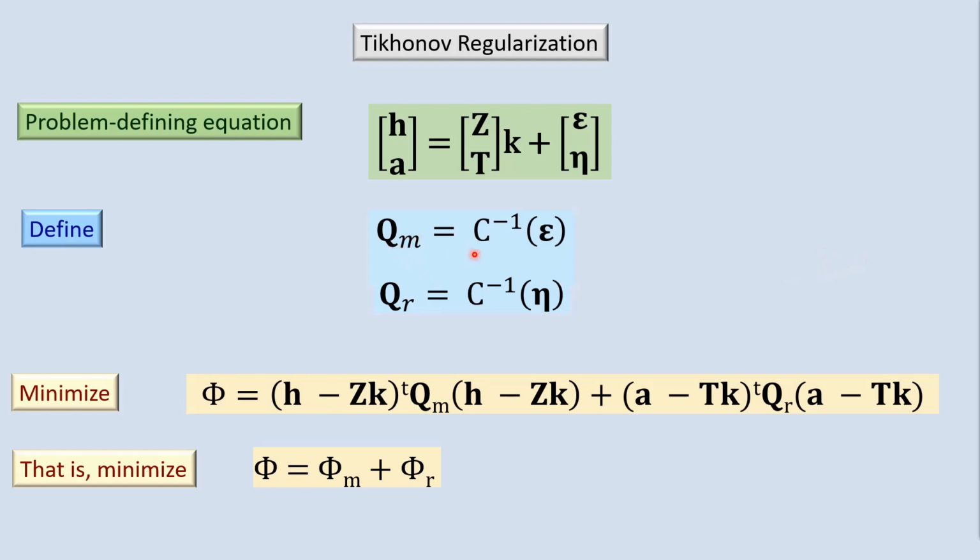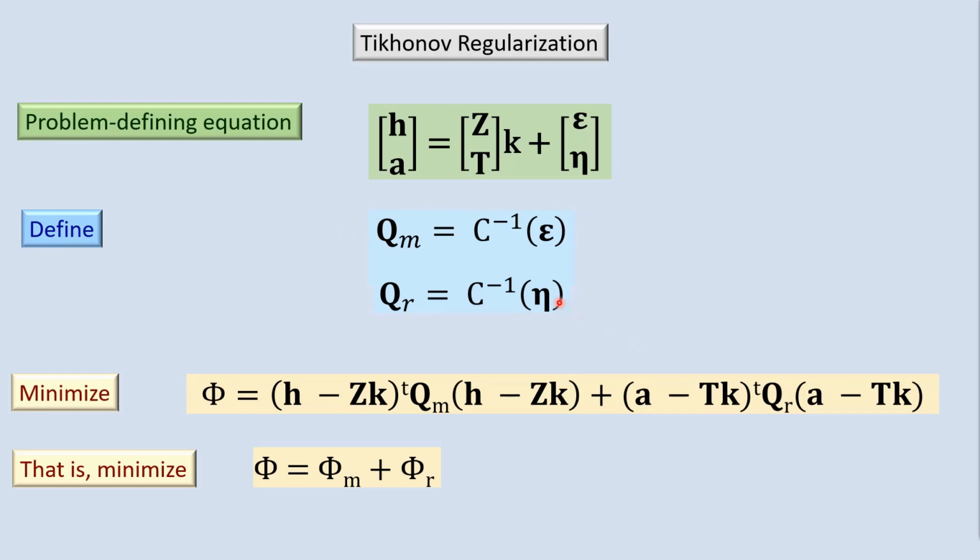Q_M ideally should be the inverse of the covariance matrix of measurement noise. Because measurement noise is normally independent from measurement to measurement, C epsilon, our covariance matrix of measurement noise, is normally a diagonal matrix. Q_M, the inverse of C epsilon, will therefore normally also be a diagonal matrix.